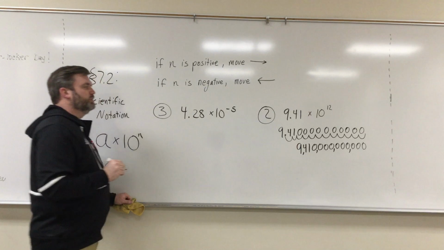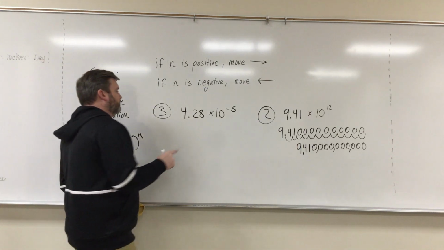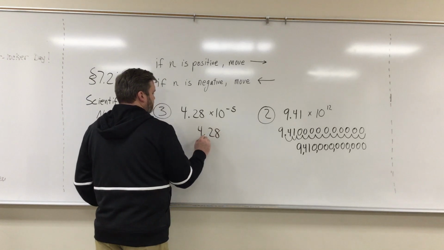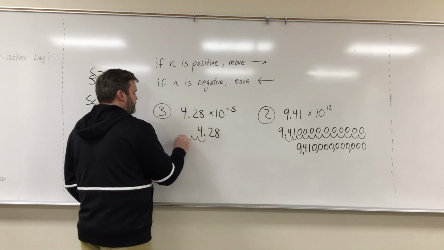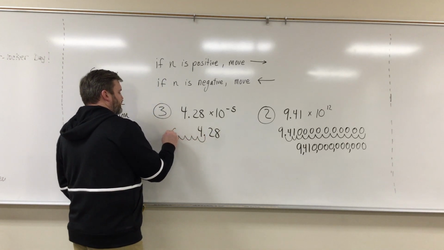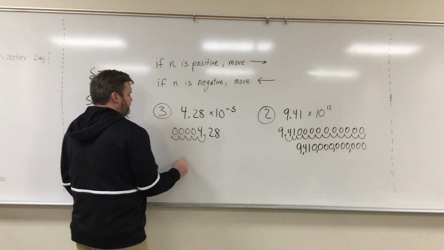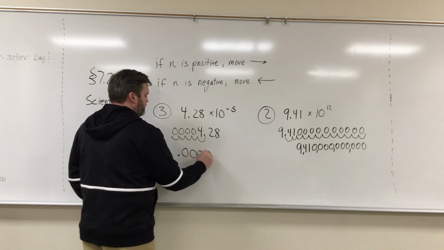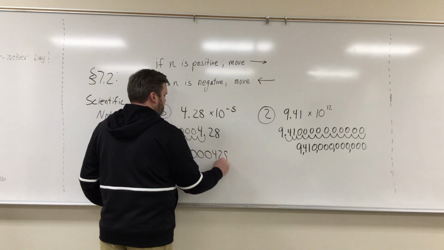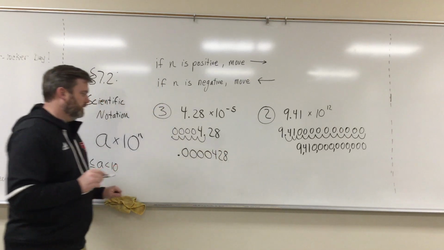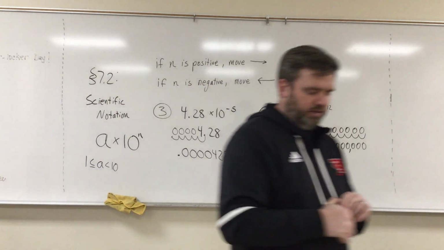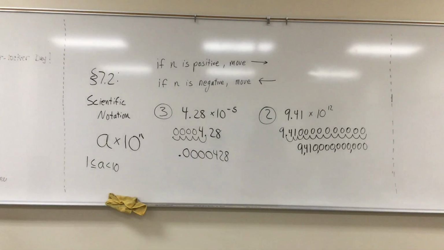So now our exponent is negative, so we're going to take that decimal and move it to the left. 1, 2, 3, 4, 5. When you rewrite it, don't forget to put your decimal out front. Okay, so we get 0.0000428.